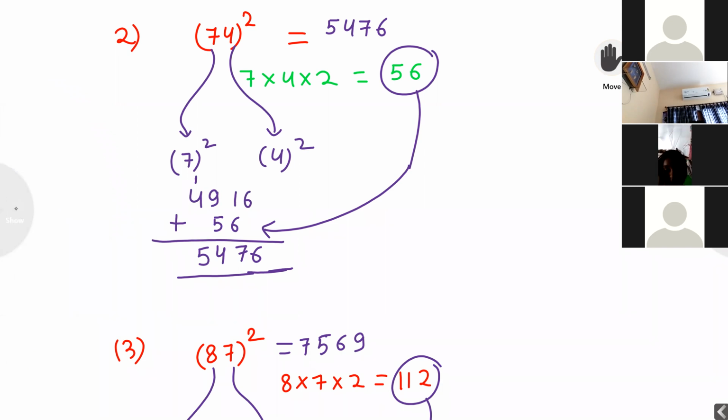I hope students you are getting my point. Note down third example.